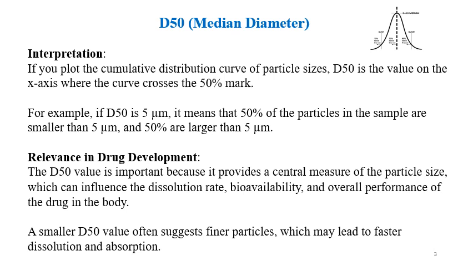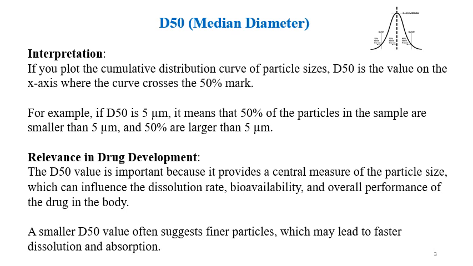Coming to the relevance of the D50 value in drug development, D50 or median diameter is important because it is the central measure of the particle size, which can influence the dissolution rate, bioavailability, and overall performance of the drug in the body.